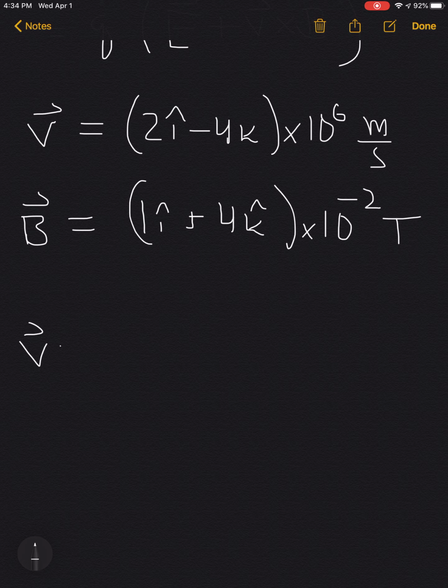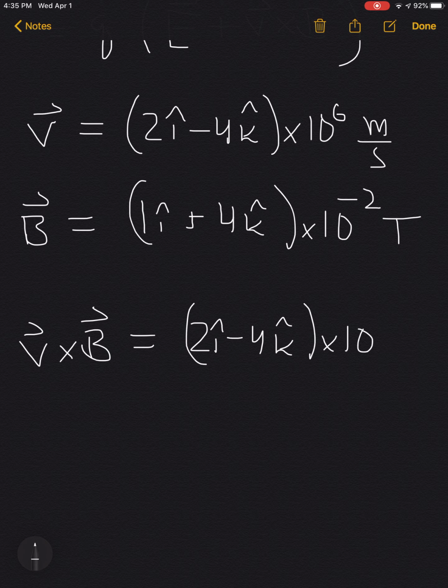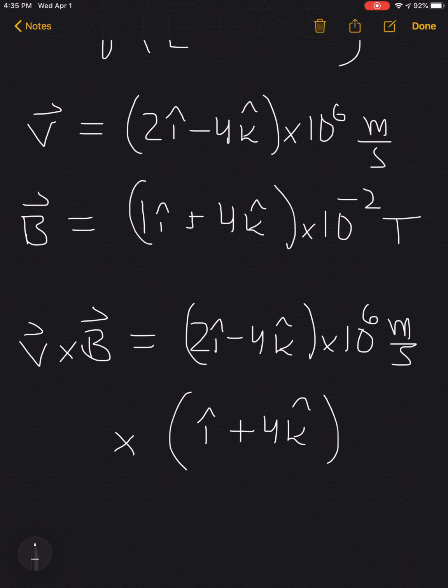So just naively writing down the cross product, let's write down the first piece: (2i minus 4k-hat) times 10 to the 6th meters per second, crossed with (1i, which is just i, plus 4k-hat) times 10 to the minus 2 Tesla.